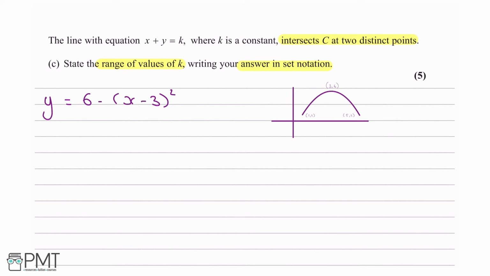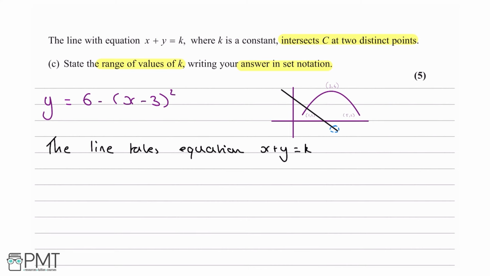What I'm going to start off by doing is drawing a line, like this, and we're going to say the line takes equation x plus y equals k. And what I'm going to do is move it up and down the graph just to see what happens.